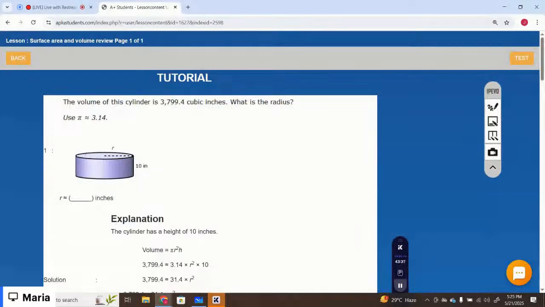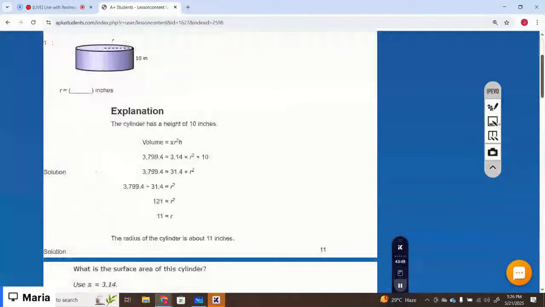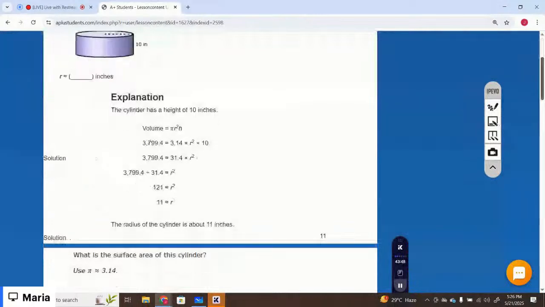The volume of the cylinder is 3,799.0 cubic inches. What is its radius? The volume V equals pi r squared h.